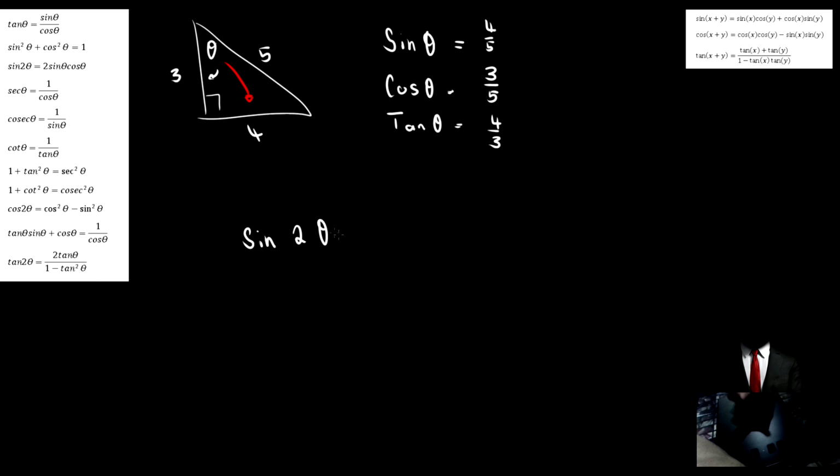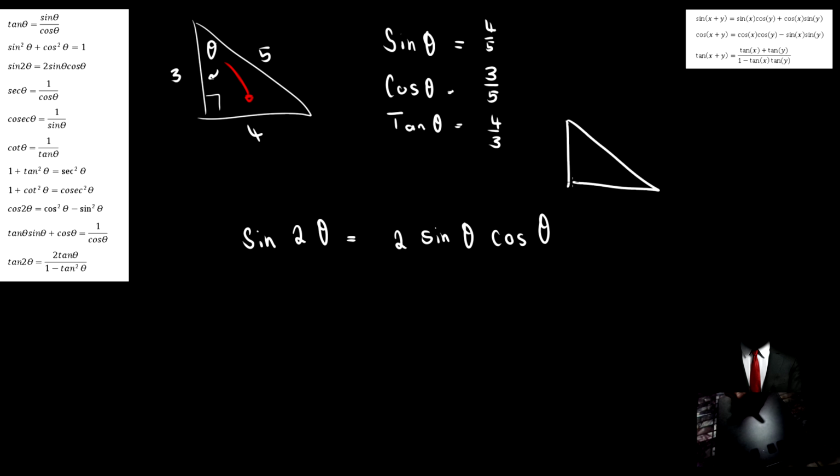2 theta is equal to 2 sine theta cosine theta. Okay, now for this particular situation, I'm going to assign a value. Well, let's look at this triangle. Let's say our special triangle, 60, 30. Across from 60 is the square root of 3.